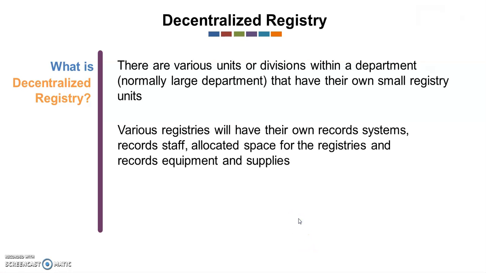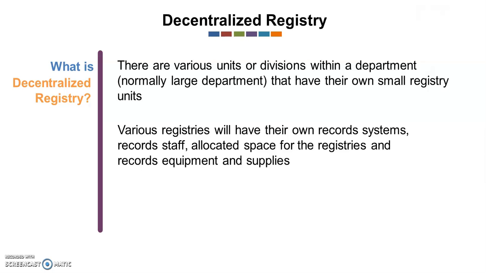For the various registries, like I mentioned just now, human resources has its own registry, finance has its own registry, and the marketing department has its own registry. So definitely these registries will have their own record systems. The way human resources manages its record system will be different from the finance department and the marketing department.